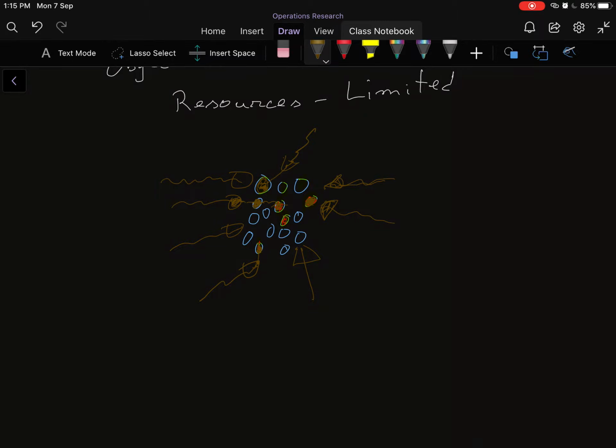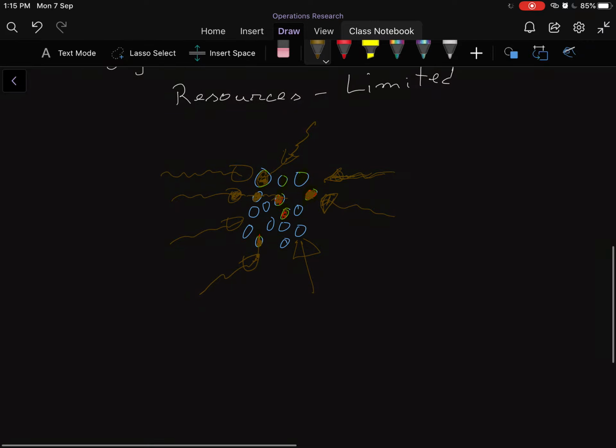So the resource that is to be used here is this radiation, that is limited, and with that limited resource we need to ensure that the maximum number of cancer cells get hit, but at the same time the minimum number of healthy cells are touched.